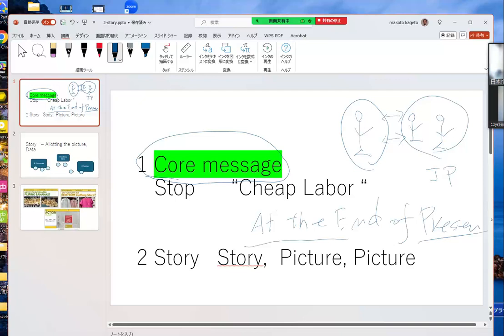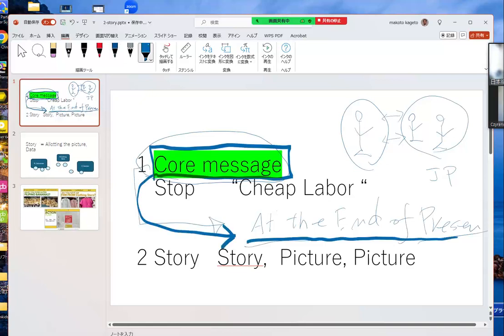At the end of the presentation, if the audience, high school students or university level students, say, "Oh, this group wanted to share this message with us. Oh, I got it." So that was the core message, right?